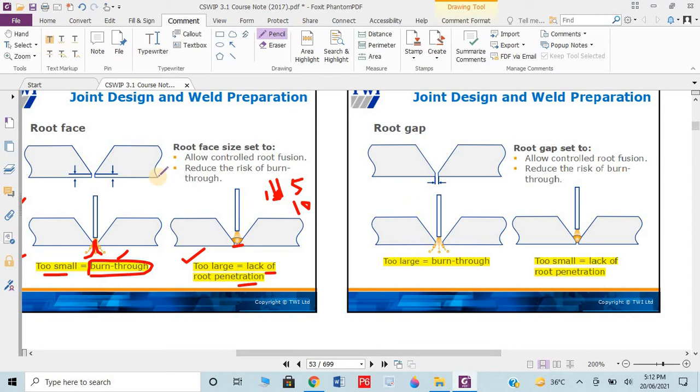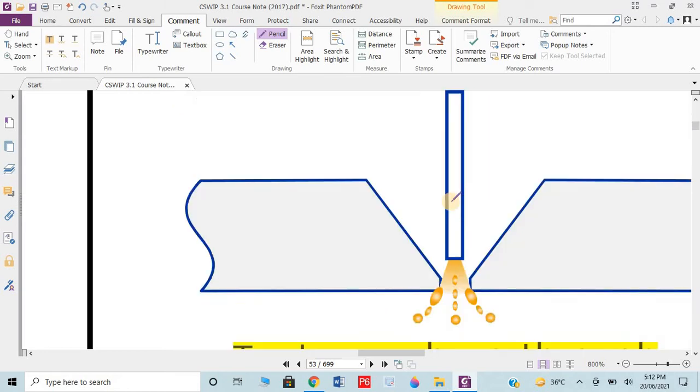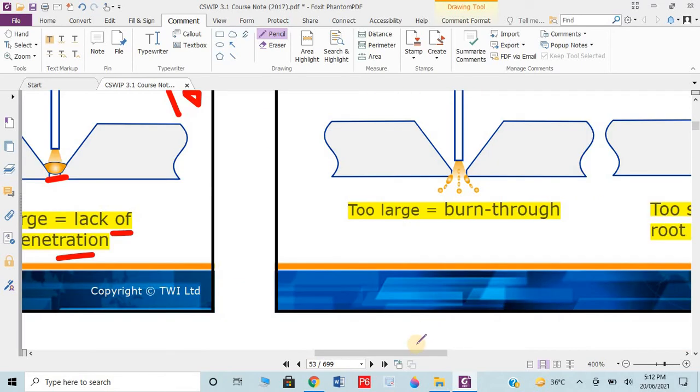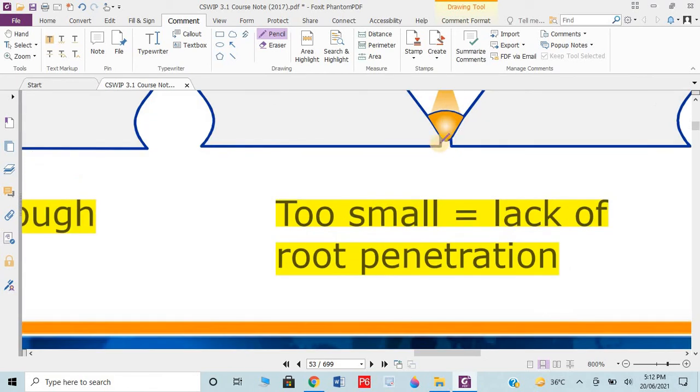Okay, I talked about root face first. Now I am talking about root gap. You can see here, with your common sense, if you have less root gap, what could happen? If you have a very narrow, small root gap, then there will be lack of penetration.